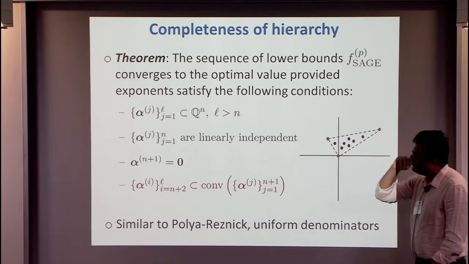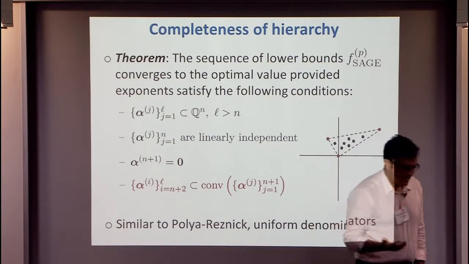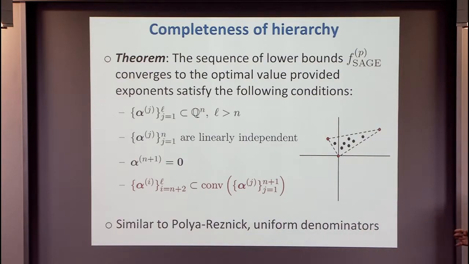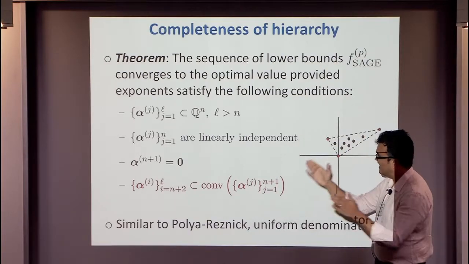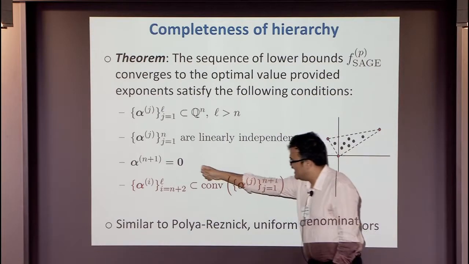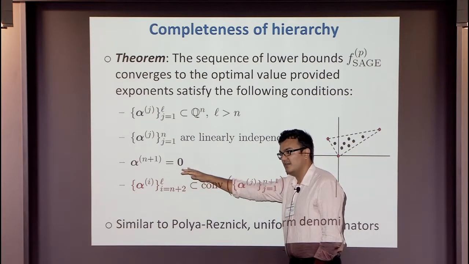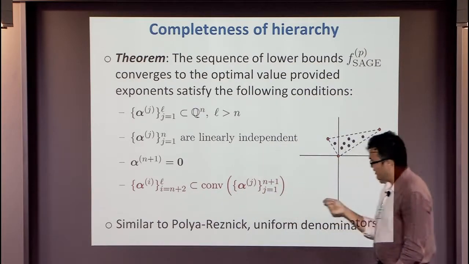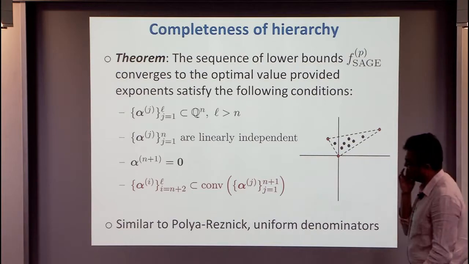The second condition is that the first n of the exponents are linearly independent. Again, not difficult. You can just group the largest linearly independent set into the first n, and that's okay. You can always add the 0 exponent. This essentially corresponds to a constant term. The last condition is what's interesting. I'll talk about why we need it a few slides later.